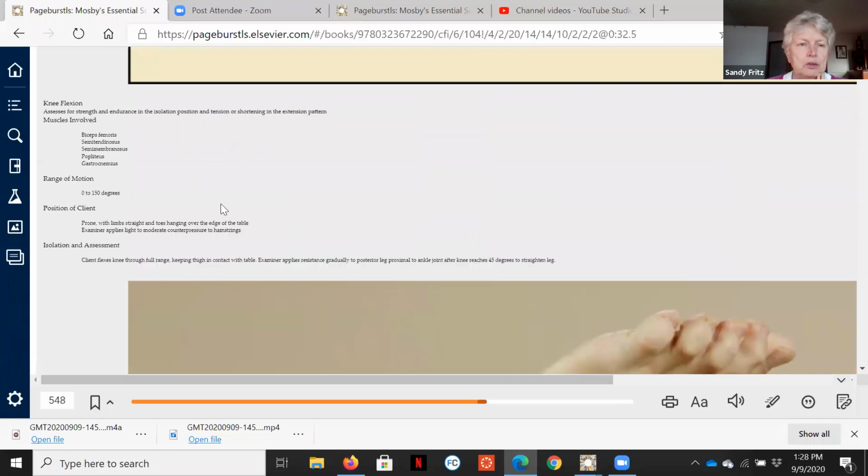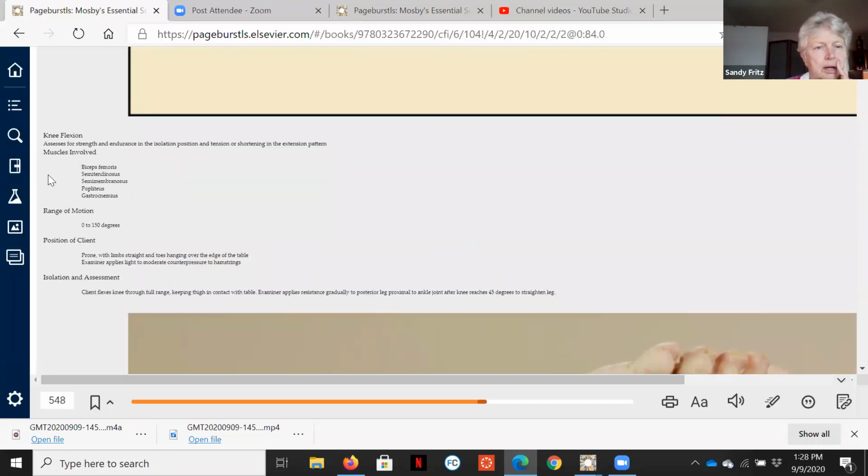So what we want to do is go here and look, and we can get more information about the muscles that produce that movement when they act concentrically, when they actively pull. So I'm going to do that.